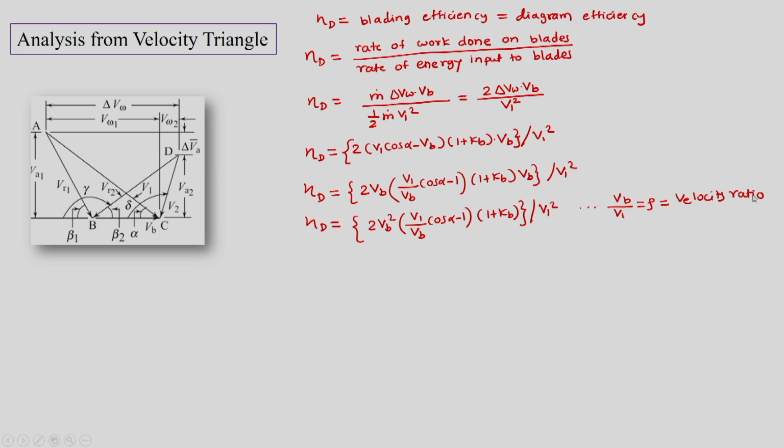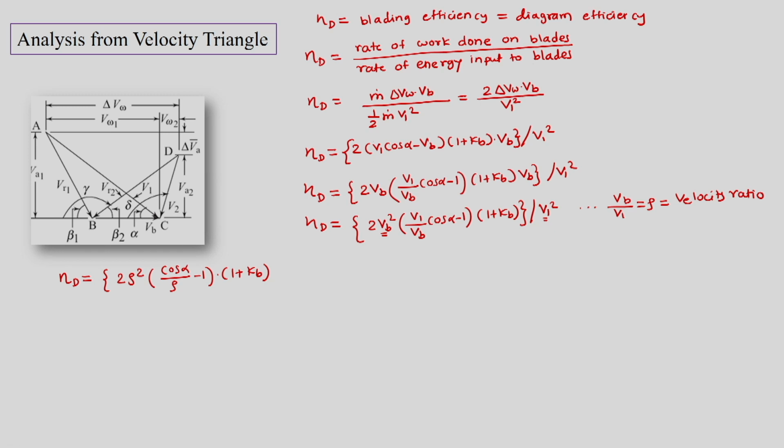So, this expression we can write down as diagram efficiency is equal to twice this VB square, and this V1 square will constitute rho square into cos alpha upon rho minus 1 into 1 plus KB.